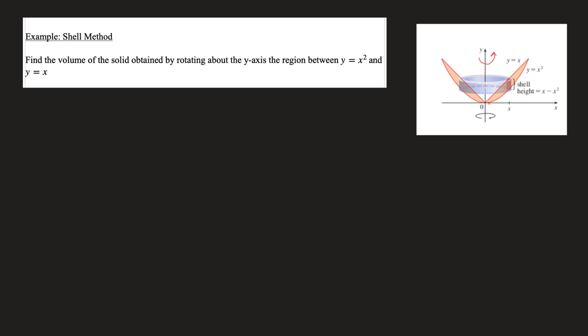First, with the shell method, you're going to draw the rectangle parallel, right? Parallel. So you have to use the shell method. That's V equals 2 pi integral, and this one is going to be dx.